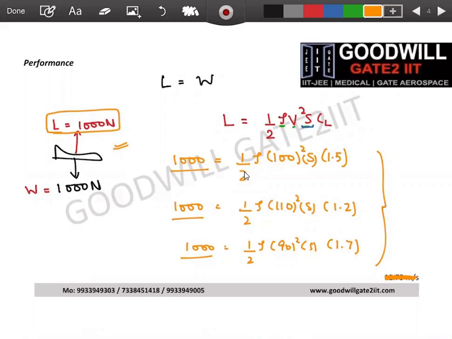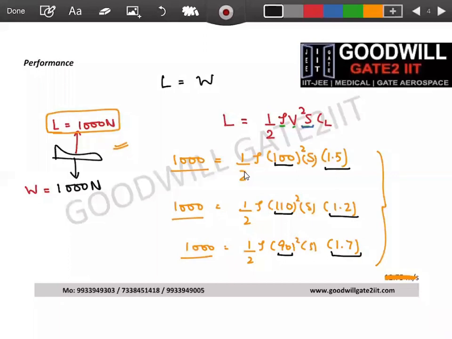All right. So the question is, at what velocity should your pilot fly? Should he or she fly at 100, at 110, or at 90? There are multiple options, 91, 92, maybe 200. Depending upon that, you need to update your CL values as well. Now, you people know your CL.